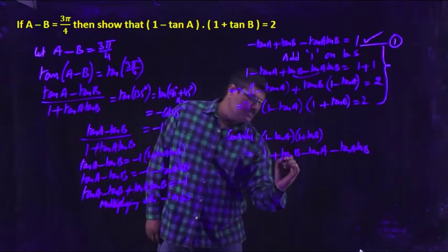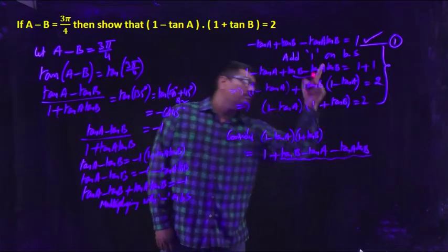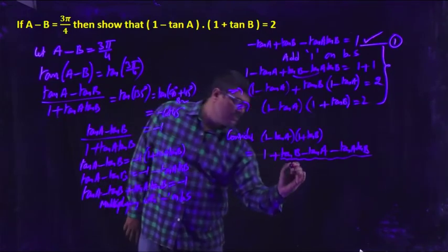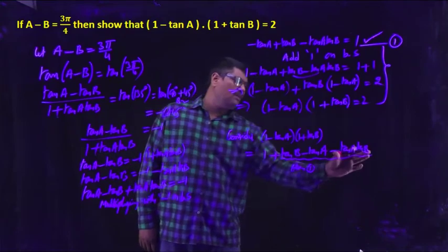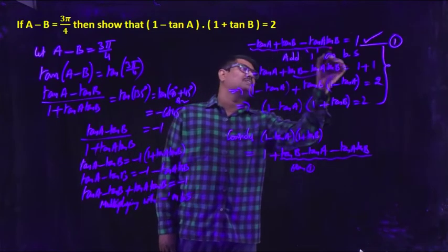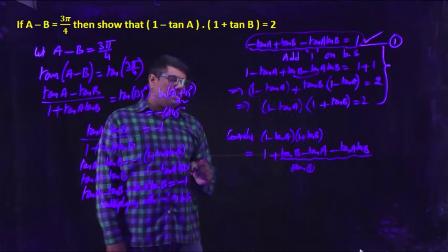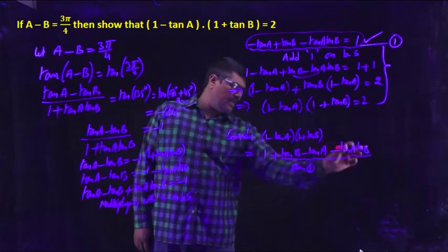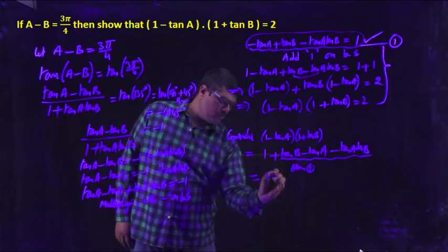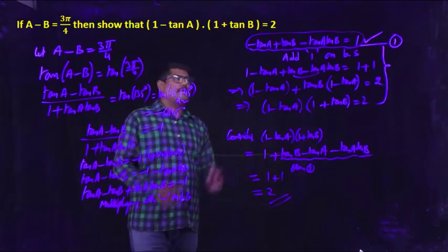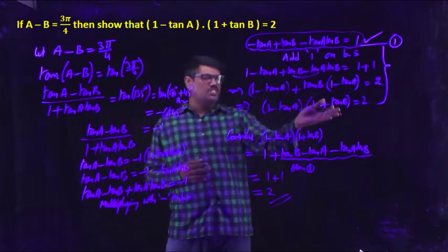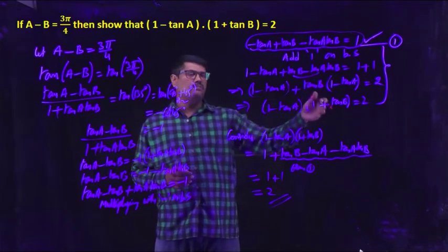So you can observe this part, which is equation 1. From equation 1, minus tan A plus tan B minus tan A tan B, this part, you can replace with 1. 1 plus 1, you will get the result 2. So by adding 1 on both sides, you come to the total condition of the problem.